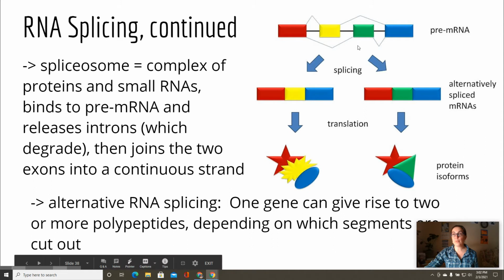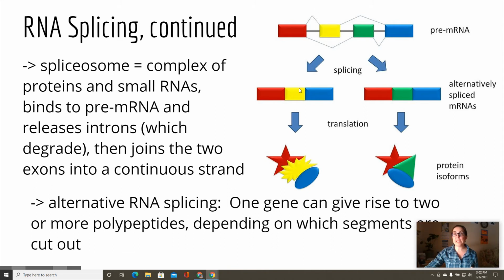They take this original pre-mRNA up at the top and they can splice it differently. In this path on the left, they spliced out the green segment. That was an intron that they got rid of. They left the red, yellow, blue. Those were the exons. And they produced this protein. On the right, they used that same pre-mRNA, the same gene, but this time they spliced out the yellow one.